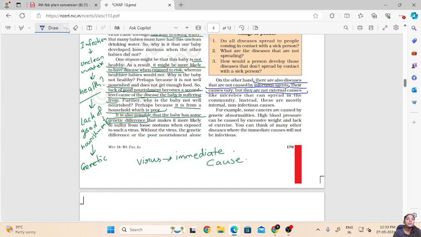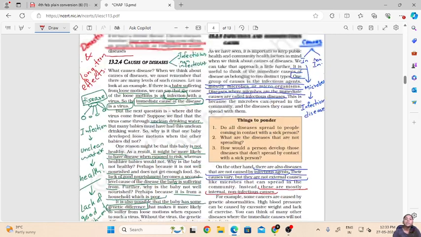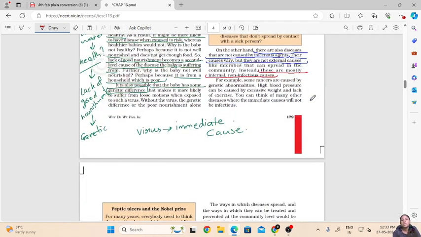Their cause is not external like microbes. Instead these are mostly internal and non-infectious causes. So the other group of diseases are the mostly internal and non-infectious type, and these are called non-infectious diseases.